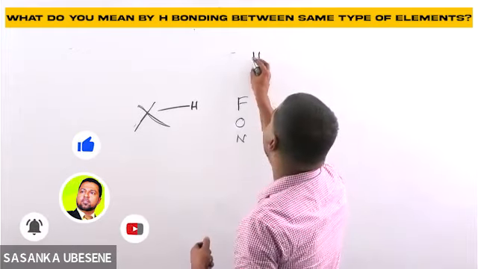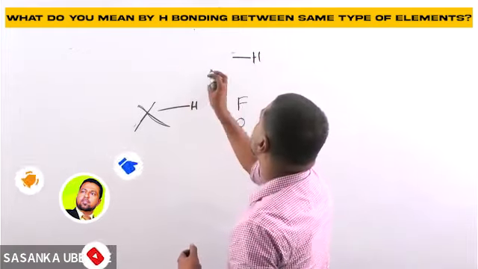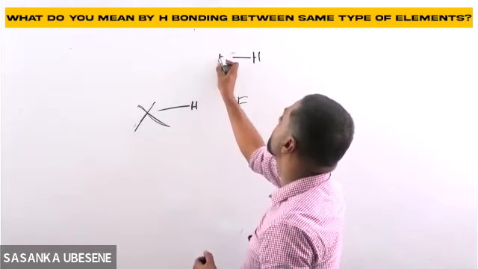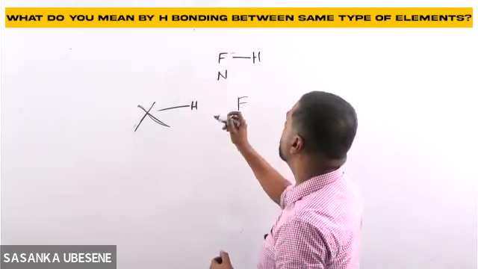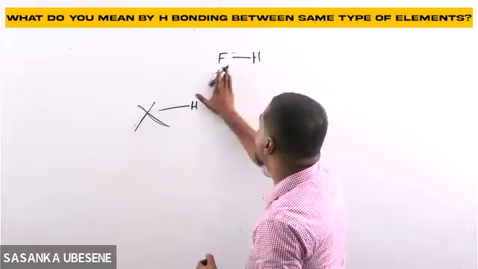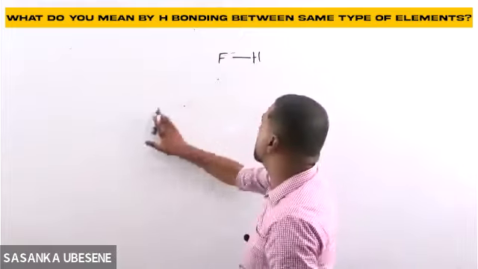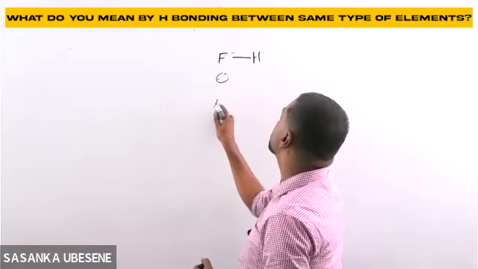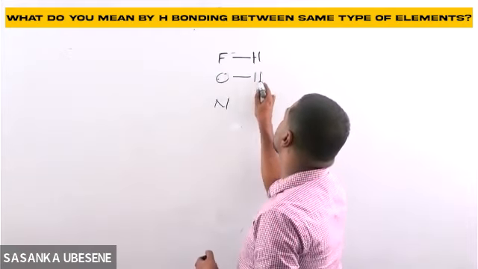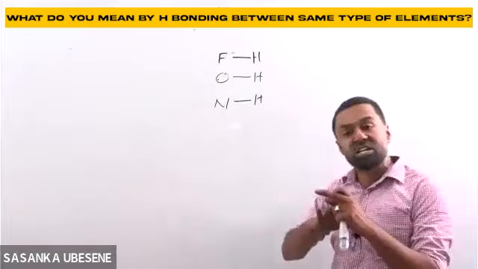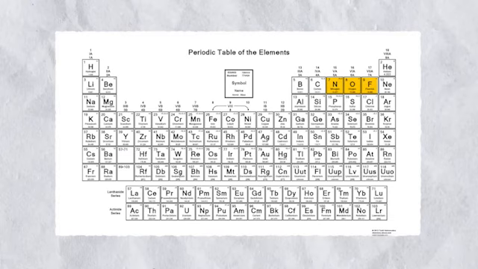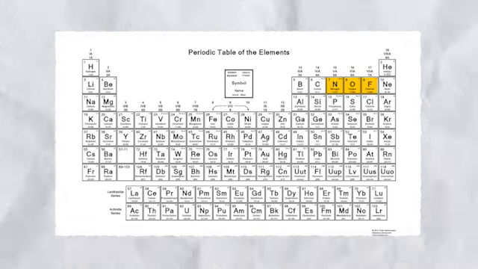Hydrogen is attached with one of the most electronegative elements: fluorine, oxygen and nitrogen. These are the three highest electronegative atoms in the periodic table.